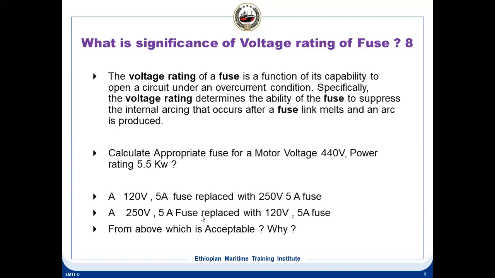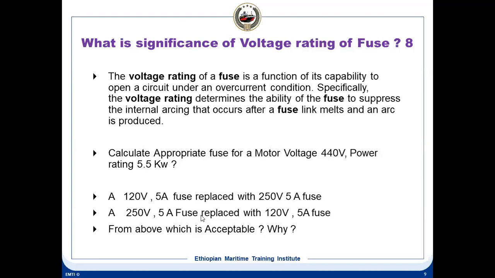Now calculate the appropriate fuse for a motor which is 440 volt, with a power rating of 5.5 kilowatt. So how do you do this? Power is equal to voltage into current. P is equal to V into I, so I is equal to P by V. If you see a DC circuit, you can straight away get power divided by voltage.